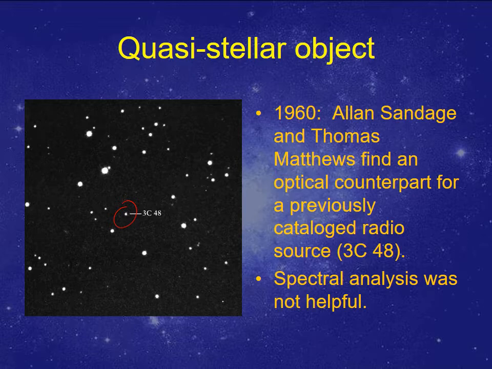So they decided it was just a radio star. In fact, when I was a kid, science fiction author and science author Isaac Asimov wrote a book about astronomy, and one chapter was on radio stars. That's what they were calling these things at the time.